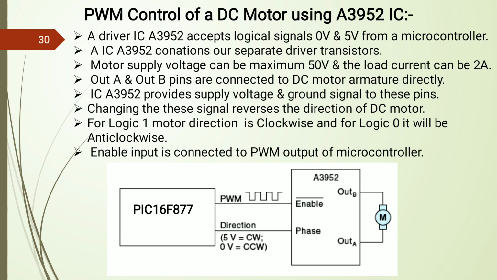So on and off time varies with the help of the delay used in the PIC microcontroller's program. So here a simple blinking program with the delay generation, and that particular blinking pin is connected to the enable, so that our motor will be rotating in clockwise or anti-clockwise direction.